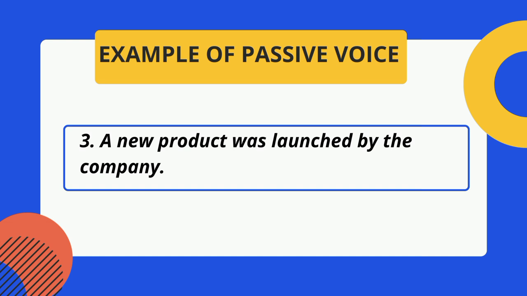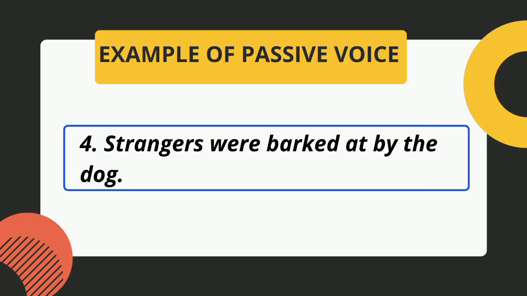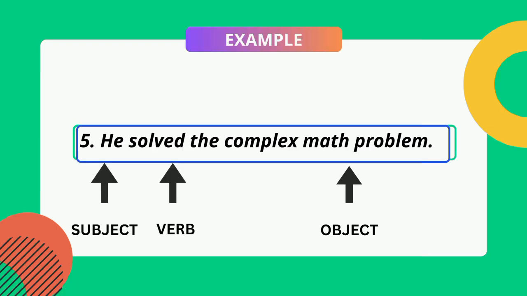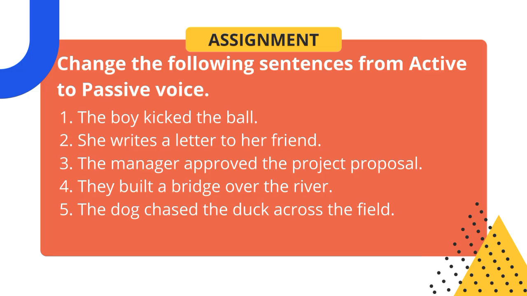A new product was launched by the company. The dog barked loudly at strangers. Strangers were barked at by the dog. He solved the complex math problem. The complex math problem was solved by him. The active voice sentences have been changed to the passive voice.